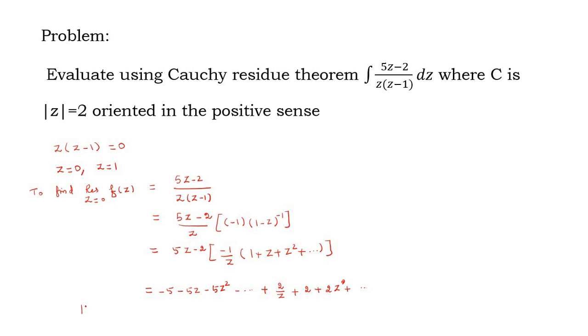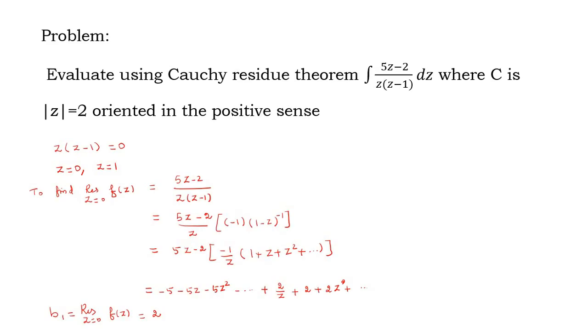That is, the residue at z equal to 0 of f of z is 2, that is b1. We take B1 equal to 2.